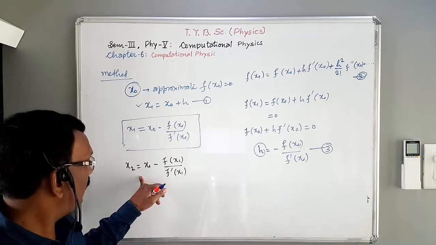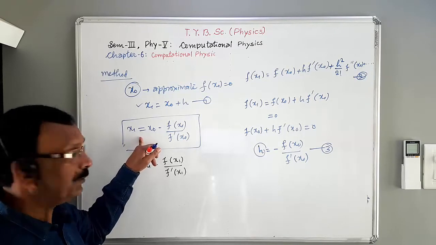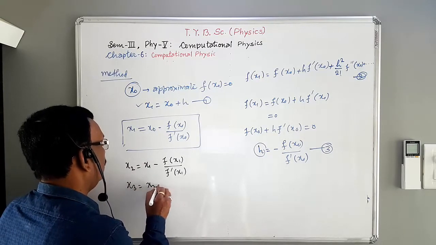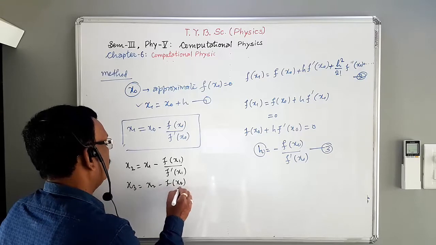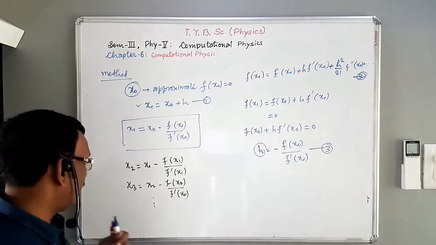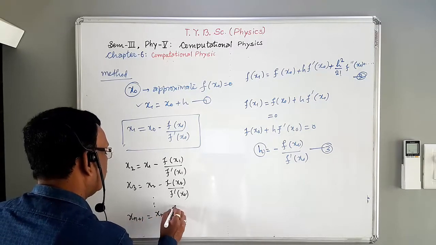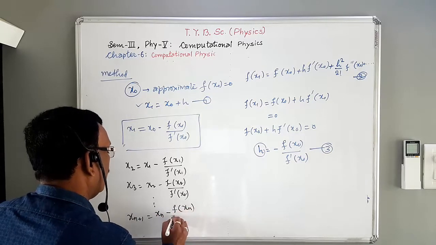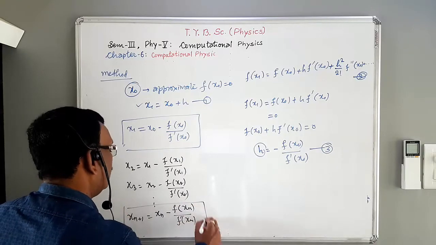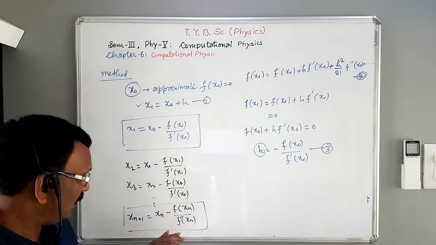Suppose this is the first iteration, this is the second iteration, third iteration like this: x3 is equal to x2 minus f of x2 upon f prime of x2. In this way, in general, we can write x n plus 1 is equal to x n minus f of x n upon f prime of x n. This is the general formula.